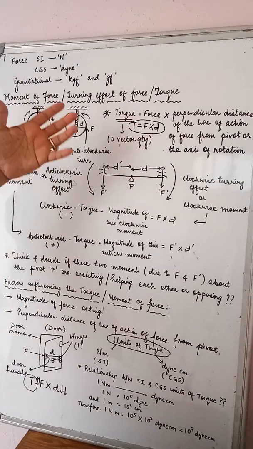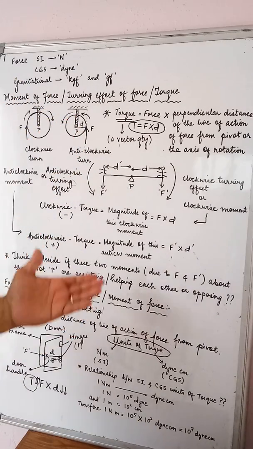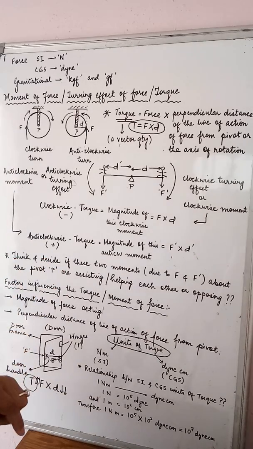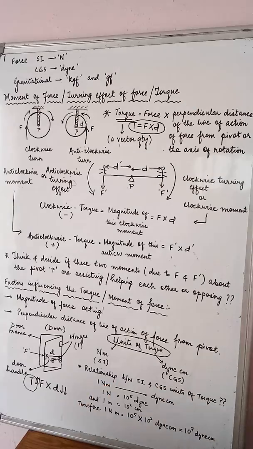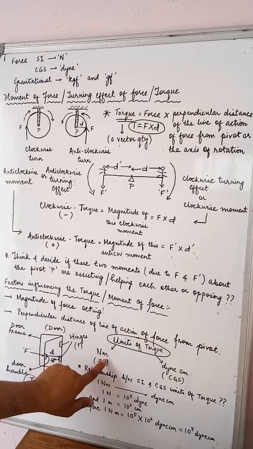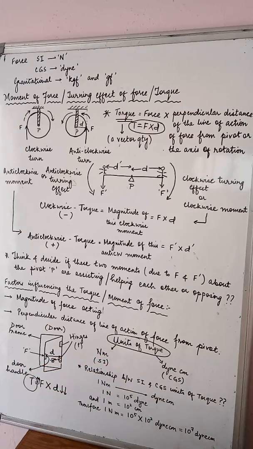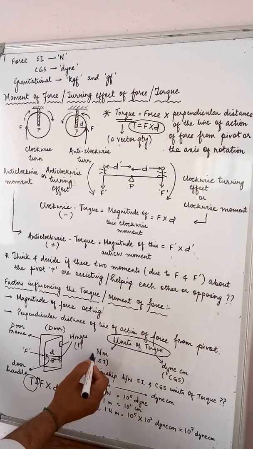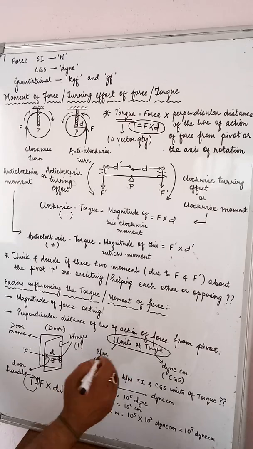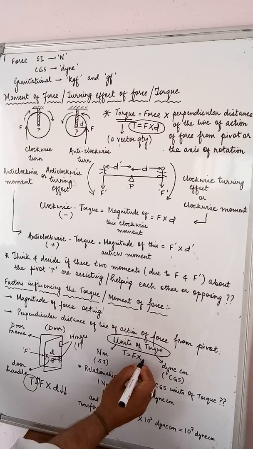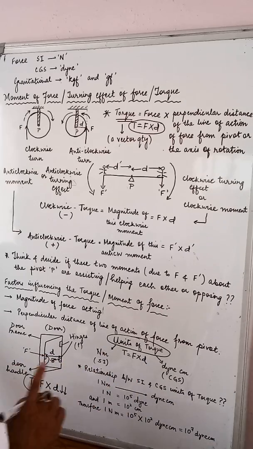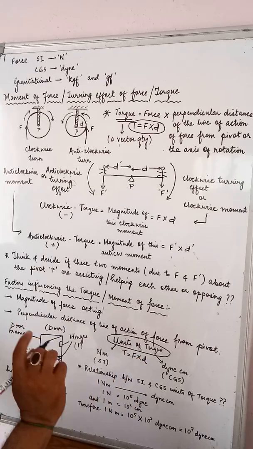Now, torque is a physical quantity; it has a magnitude, and it is a vector quantity, so it has a direction also. Coming to the units, once again, the SI and the CGS units. SI unit is Newton meter and CGS unit is dyne centimeter. For those who are wondering how this Newton meter came, it is very simple. It comes from the formula, as we have already discussed a couple of times: torque is force multiplied by the distance.